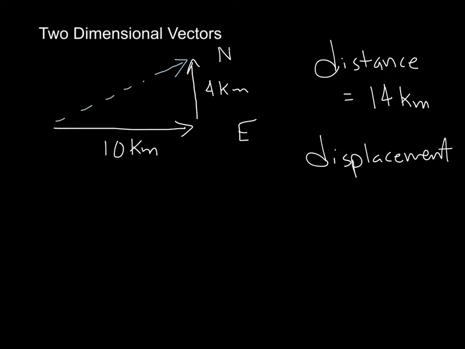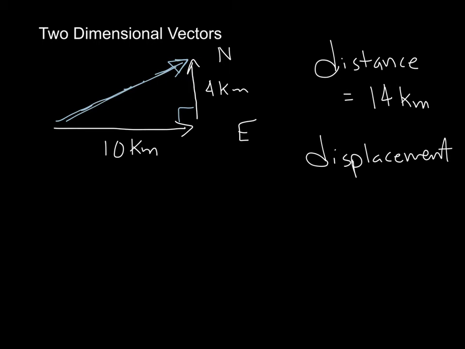So displacement, which is separation from the origin, is going to be whatever that hypotenuse is here of our right triangle. Now obviously these situations get more complicated, but you should be able to identify this as something that you've done before. If you're looking for the third side of a right triangle, this is good old Pythagorean theorem.